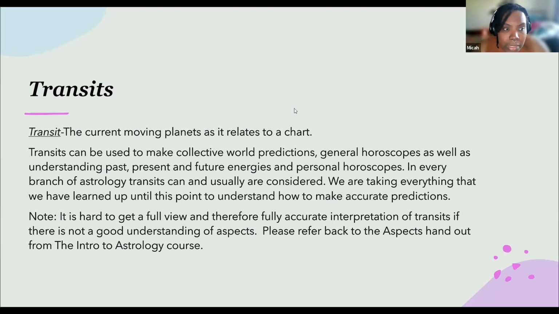The same goes for Venus, because Venus is a benefic as well. Like we have Venus in Aries now. Venus doesn't do well in Aries at all. It's because of the opposite planetary energy.